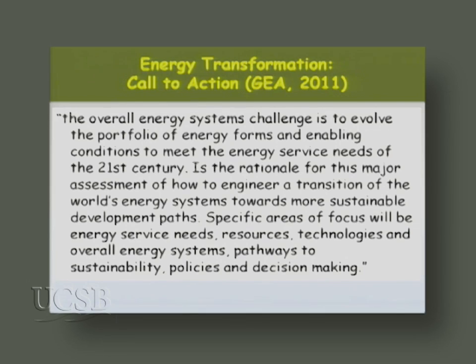This last vignette is on energy. And the Global Energy Assessment, which just completed its report, should be coming out actually sometime this fall, has really set out this goal of looking at energy systems and their challenges into the 21st century: how do we transition our current energy system so that it's more distributed, more accessible, and less environmentally damaging.